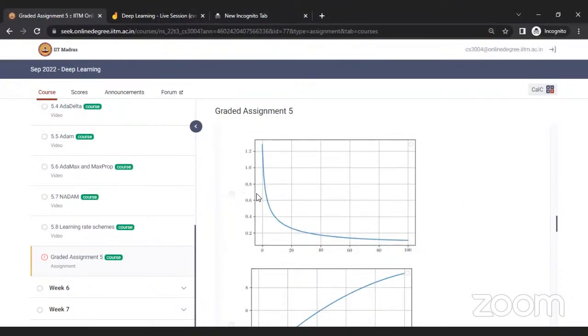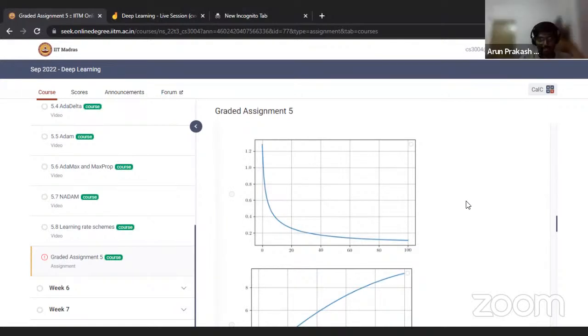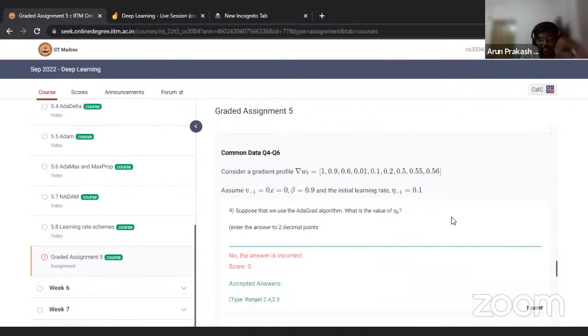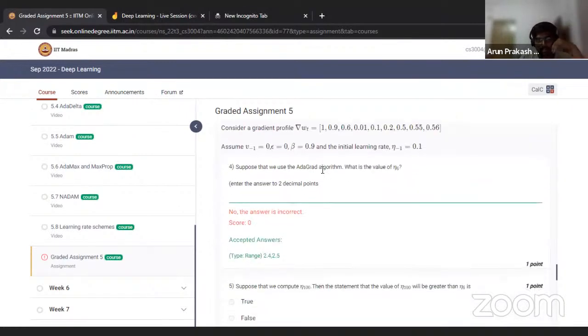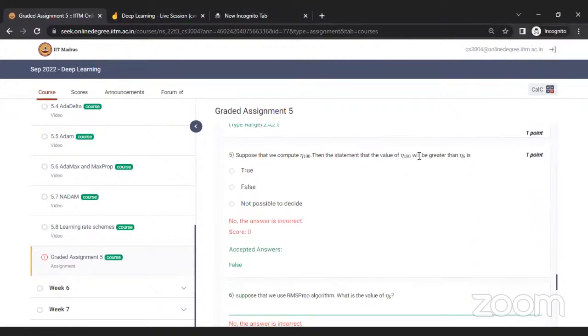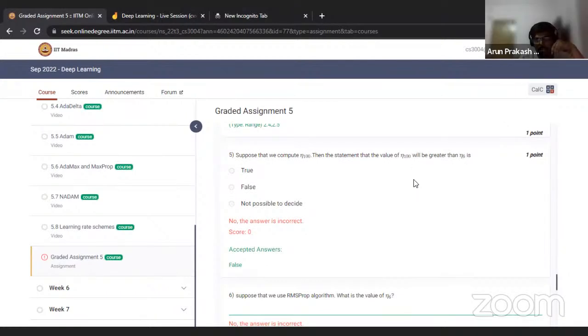Yes, sir. Since it is about Adagrad, eta will never increase. In line with the same questions, the next question is about this. We choose Adagrad. What is the value of eta? We are claiming whether eta 100 will be greater than eta 6. It is not at all possible.